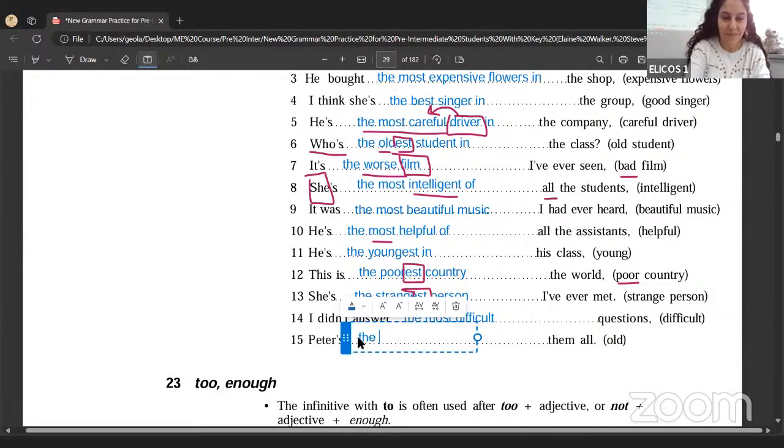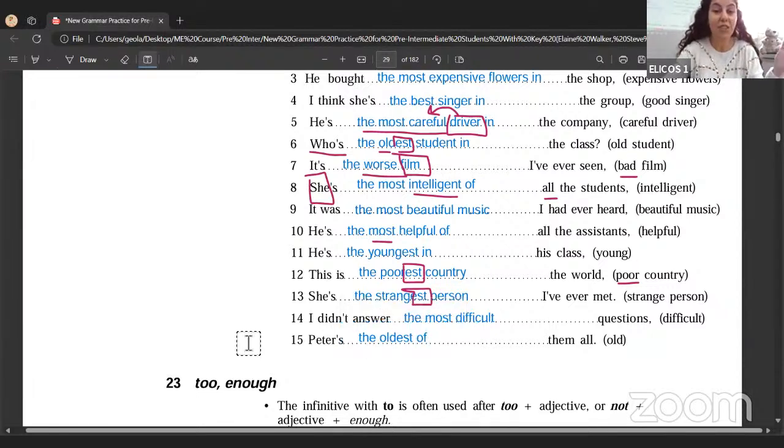Peter's the oldest of them all. Yes, Peter's the oldest of them all. So maybe I'm talking about Peter compared to all his football friends or to all his friends. I don't know, but you can see I'm definitely comparing one person, one noun, to many of them all.